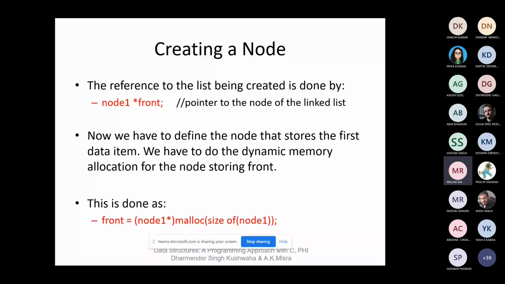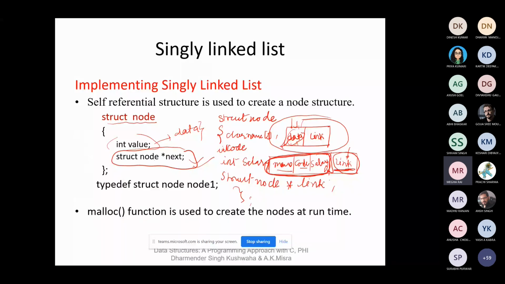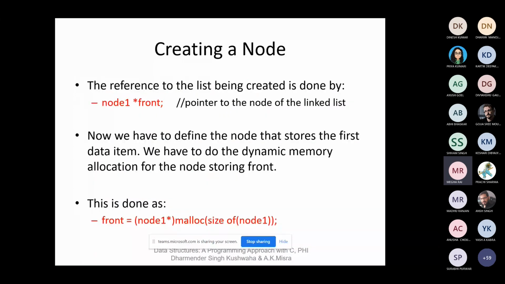So now, creating a node. How can you create a node? Whenever you start to traverse the list or search for an element, firstly you want to create a list. So firstly you create memory for that particular node, using the malloc function.